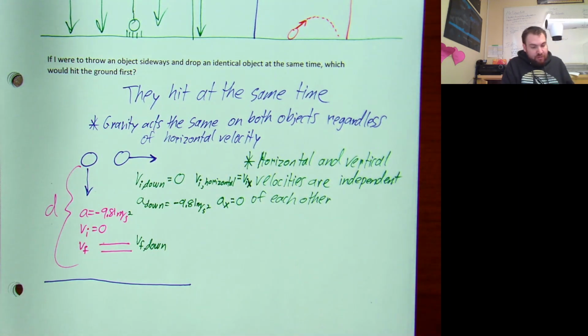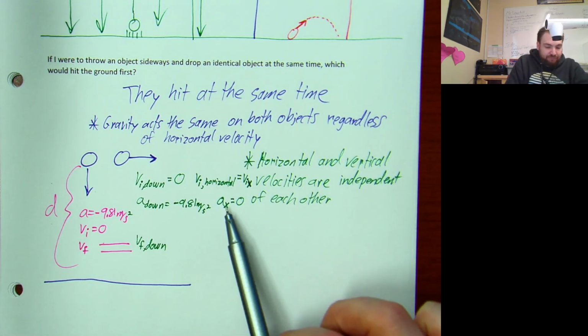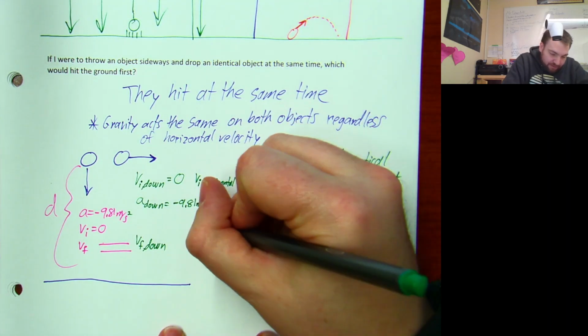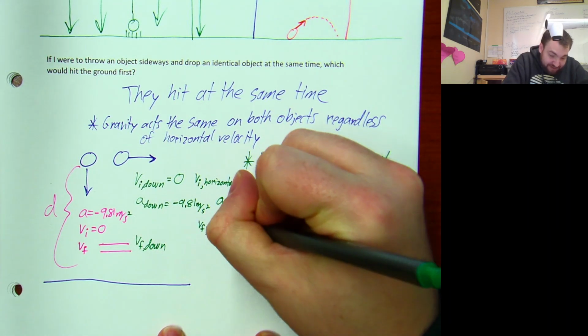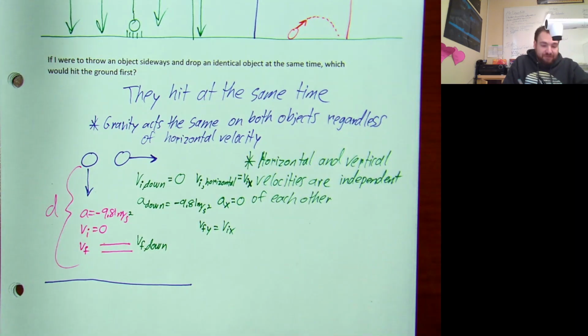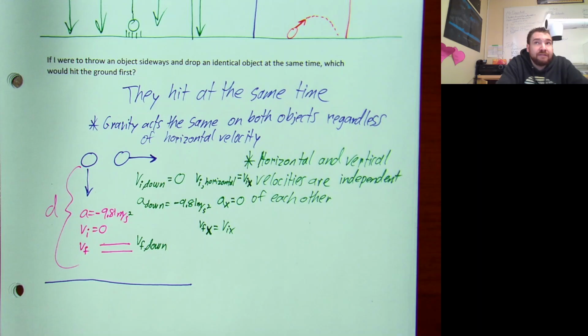That is true. If this thing has no horizontal acceleration, V final is going to be the same as VI in the x. VFX is going to equal VIX. That's cool. And there's one more piece of information that we can split up like this.